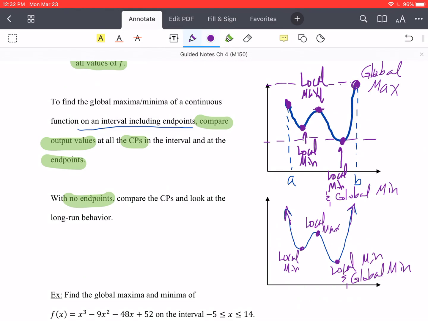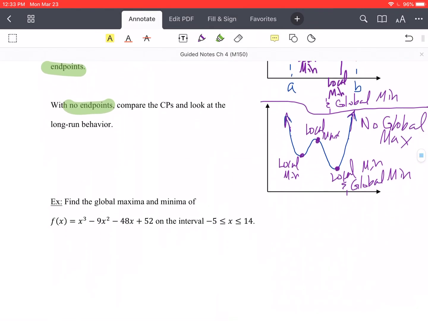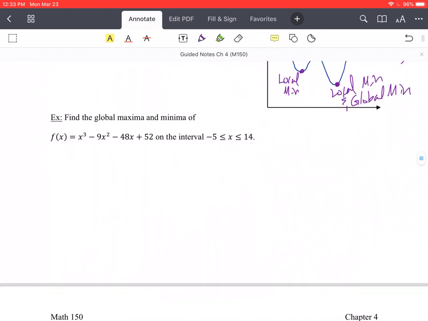It'll just keep going and going forever and ever. So we can say this one has no global max, and that's just for this specific example. So let's go ahead and look at this example down here.